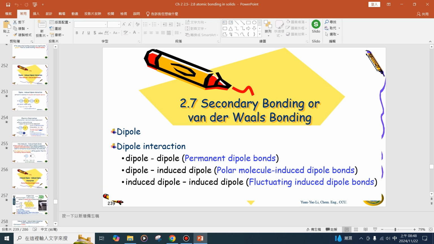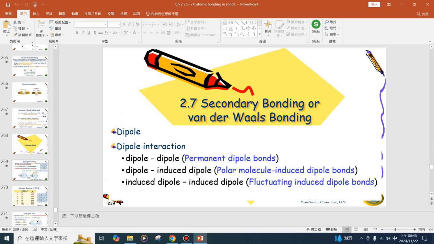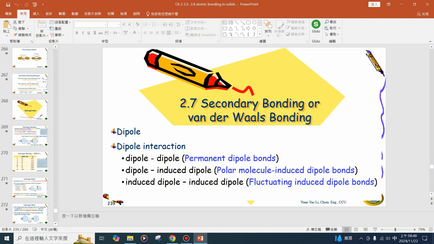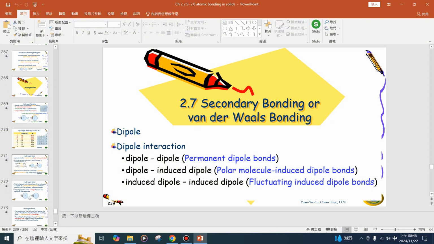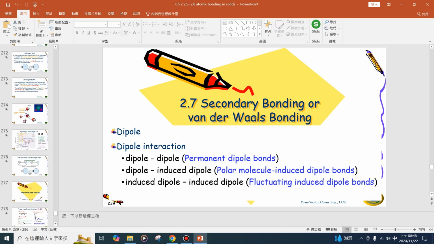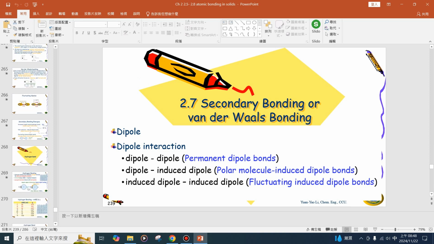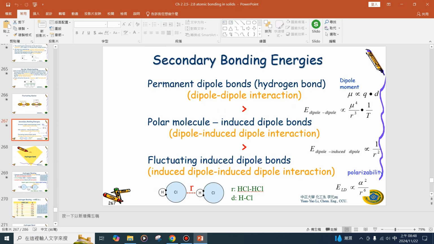Okay, so in terms of the energy among these three dipole interactions, I give you this PPT, right? So this is the secondary bonding energy.